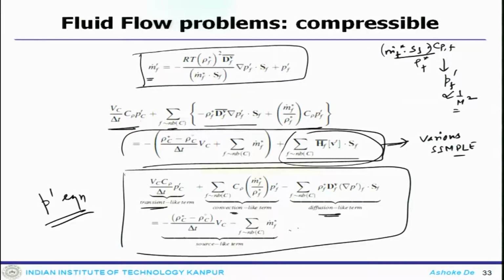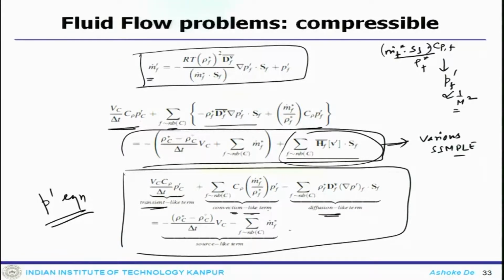The use of higher order schemes in its evaluation can improve the capture of shocks in the algorithm. So, to enhance the robustness, it is helpful to use the upwind scheme for the discretization of this convection-like term.